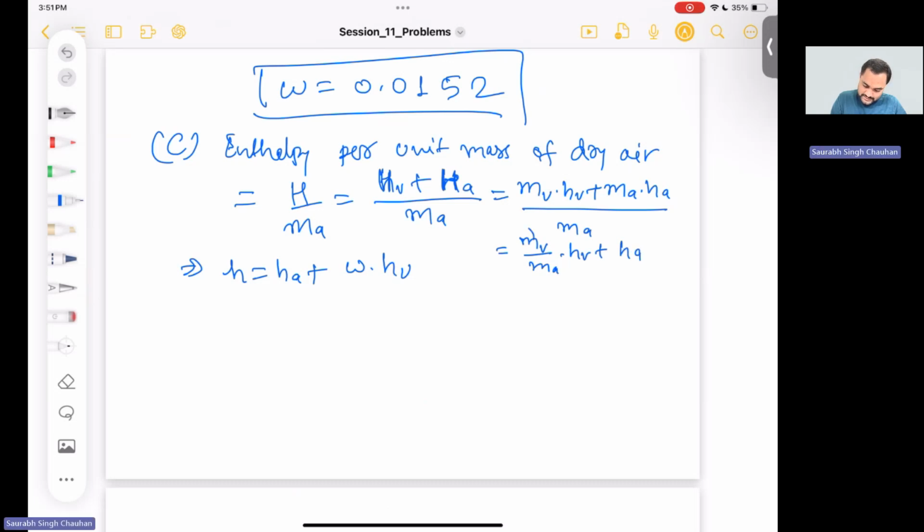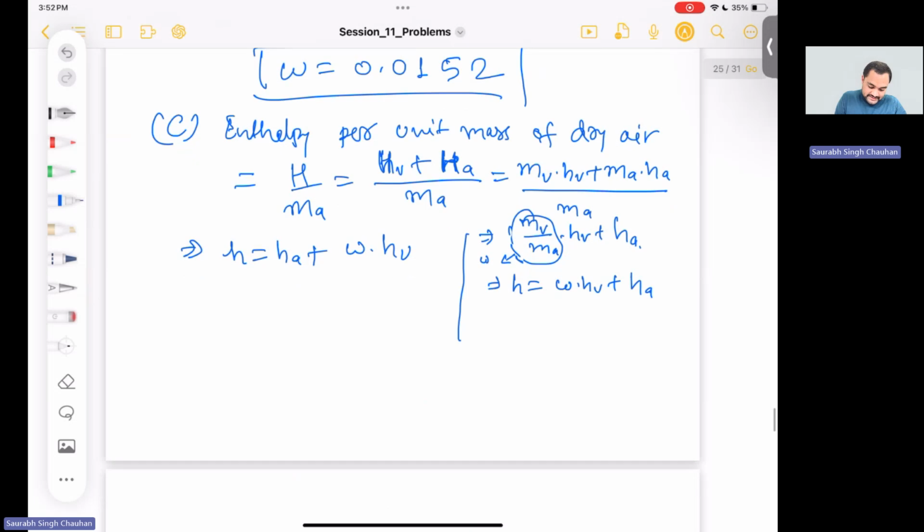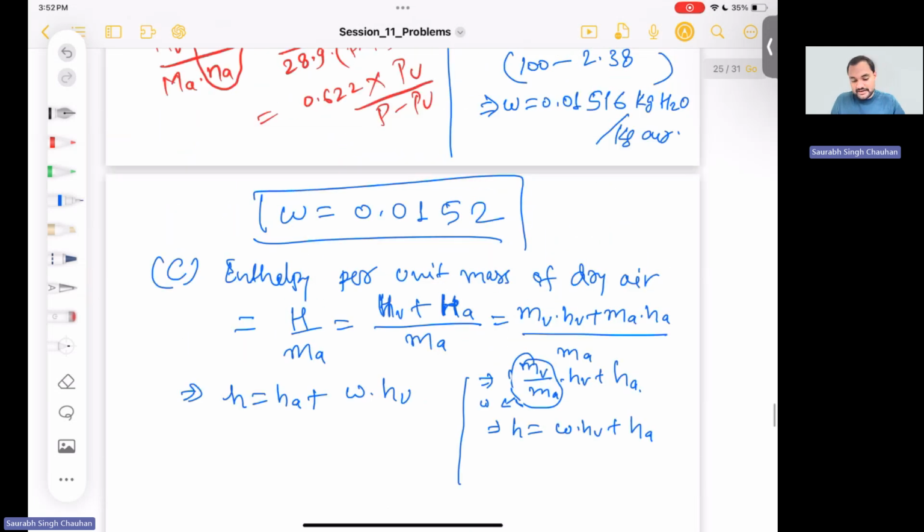So you have H equal to omega HV plus HA. HA you can find from, again, you'll have to use some table.